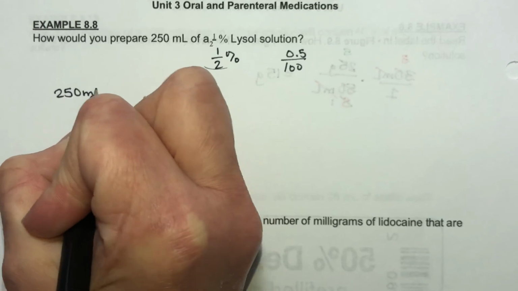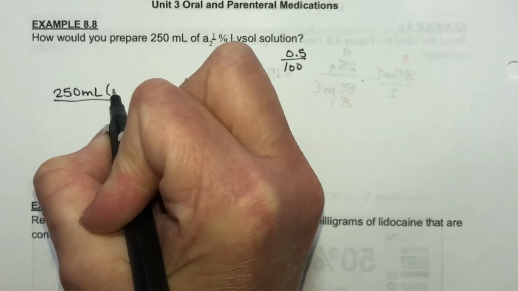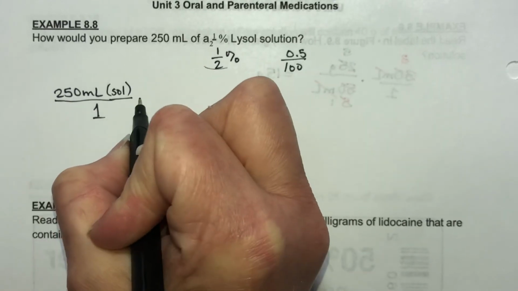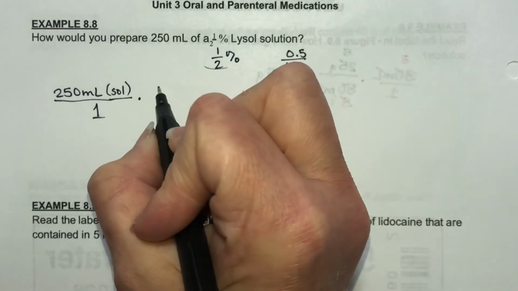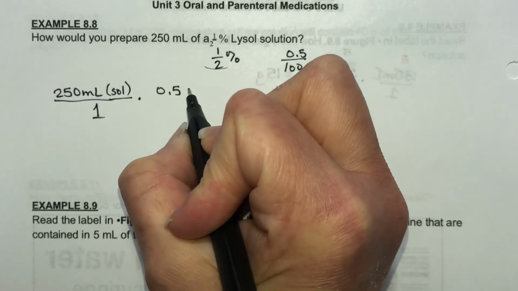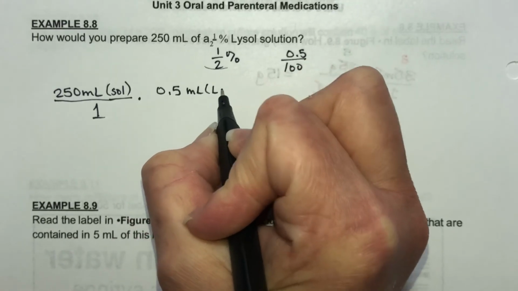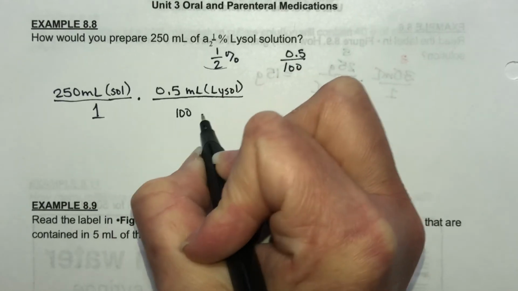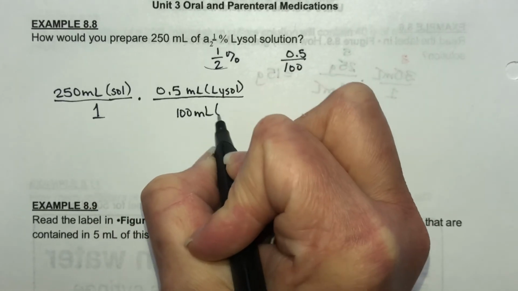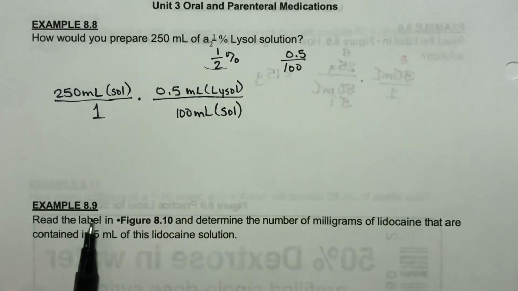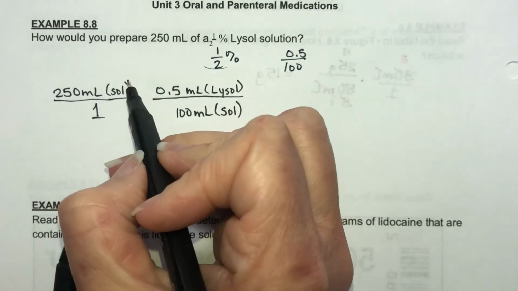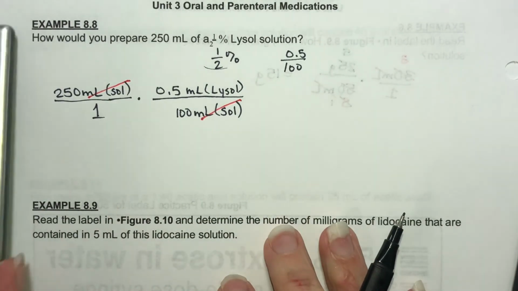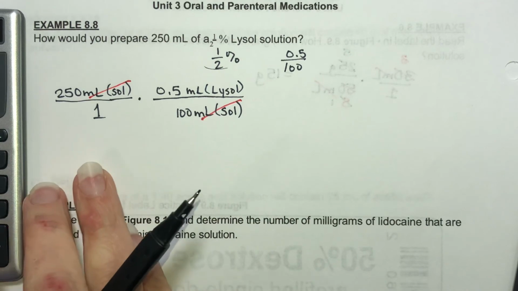250 milliliters, and this is the solution, over 1 times, this is 0.5 milliliters of the Lysol for each 100 milliliters of the solution. Okay, our units here cancel, milliliter solution, milliliters solution. And if you want to just go ahead and multiply straight across without reducing, you're always welcome to do that.